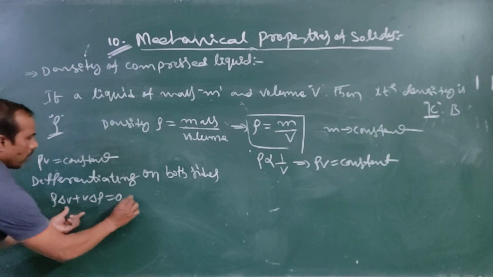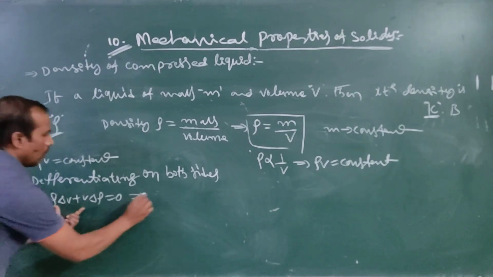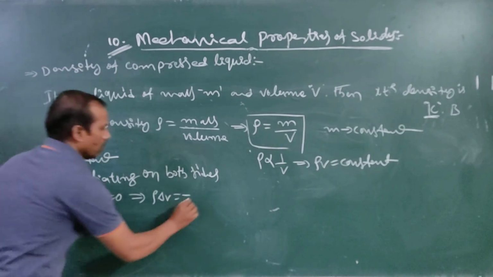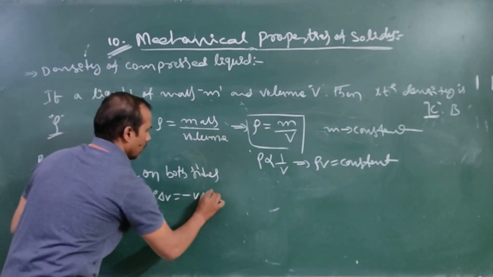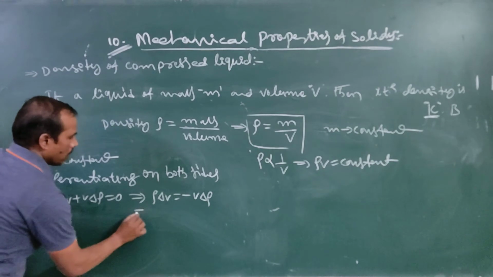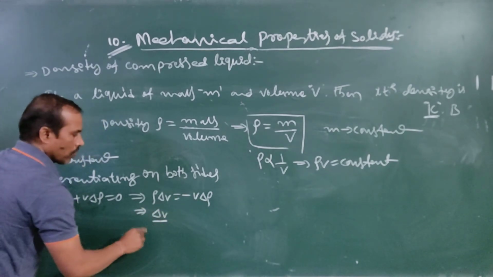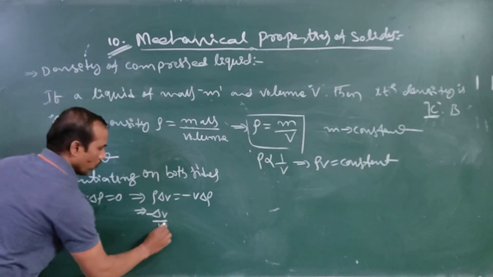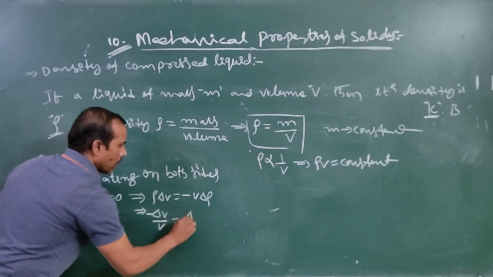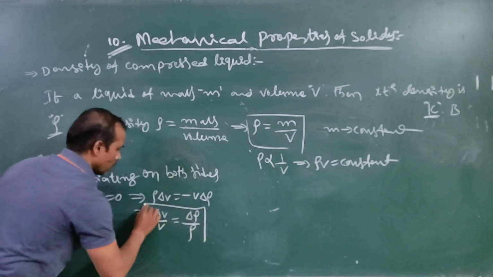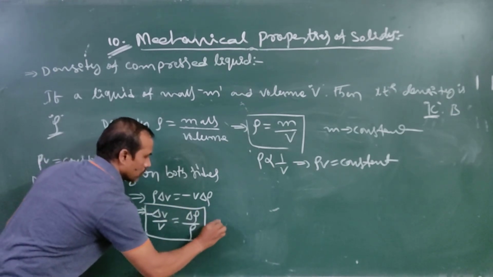So it simplifies: rho delta V is equal to minus V delta rho. So minus delta V by V is equal to delta rho by rho. This is equation 1.